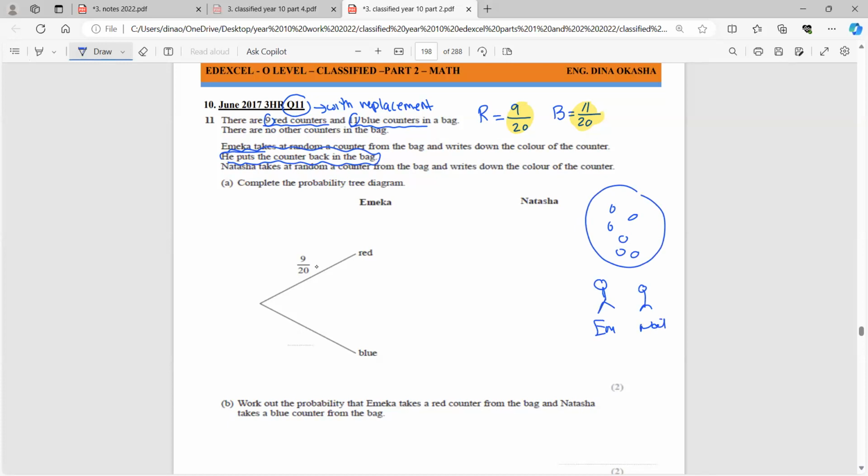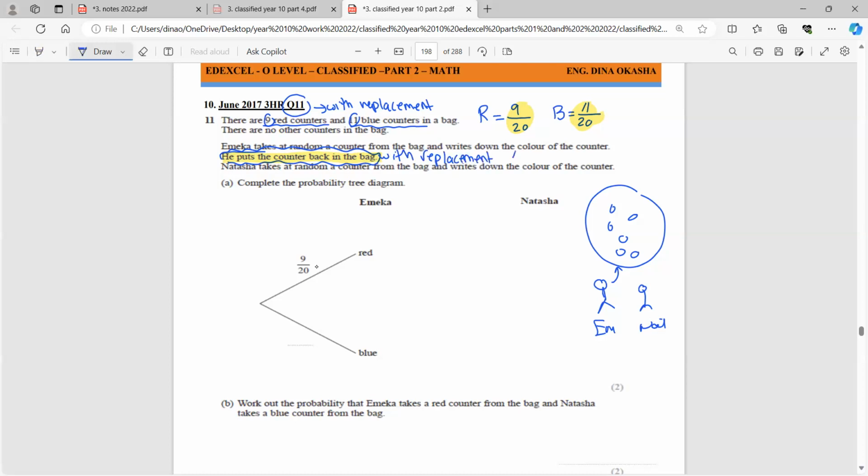So what happens is that Emeka takes an item, he checks its color, and then he puts it back, so that when Natasha goes to take from the bag, she finds all 20 there. He puts it back in the bag. This is a confirmation that this is a with replacement question.